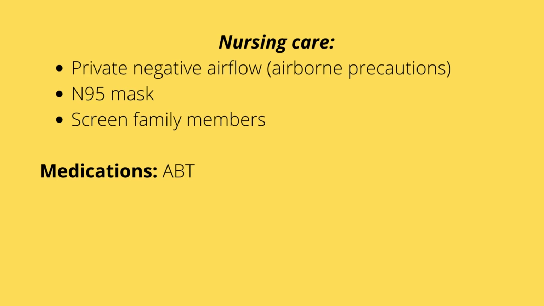Some of the antibiotics we'll see this patient get are isoniazid, rifampin, and ethambutol, which can do liver damage. When they're on medication therapy, we need to teach this patient to avoid alcohol during the therapy, and also remind them to comply with antibiotic therapy to avoid resistance.